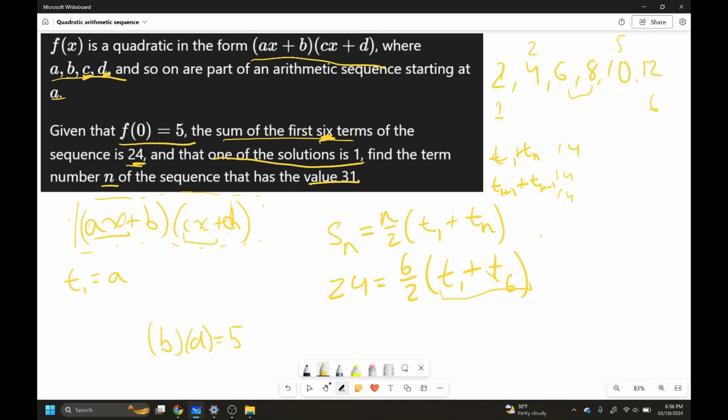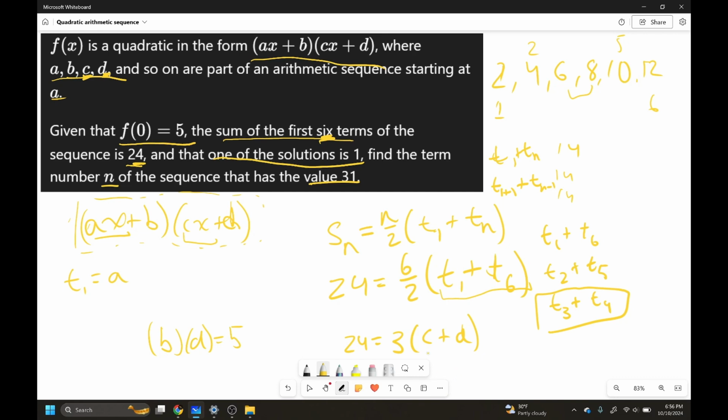If we do it, we find that t1 plus t6 will be equal to t2 plus t5, and that'll be equal to t3 plus t4. This actually works for us because that will be c and d in our case. So essentially we can write that 24 is equal to 6 over 2, which is just 3, times c plus d.